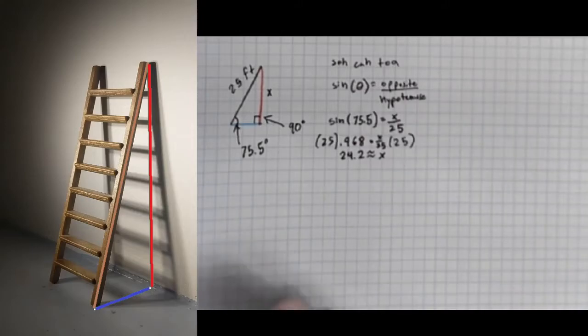So we can go over here, and now we know that this red, in this case, if the ladder is 25 feet long, to meet OSHA standards, it goes up the wall about 24.2 feet. So that's part A of the problem.